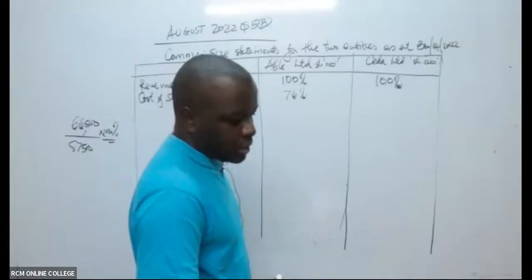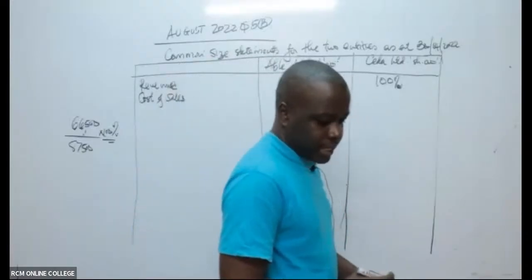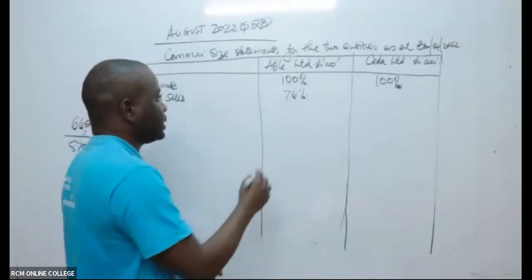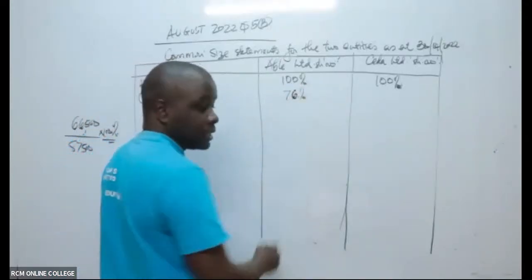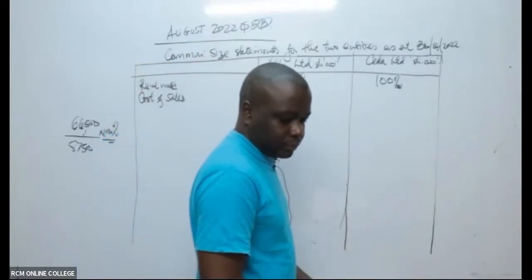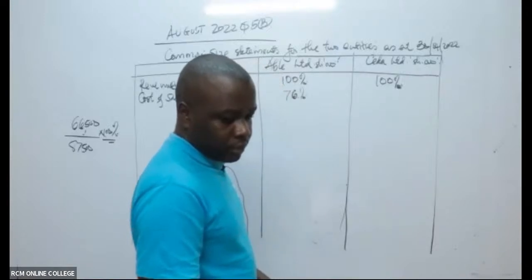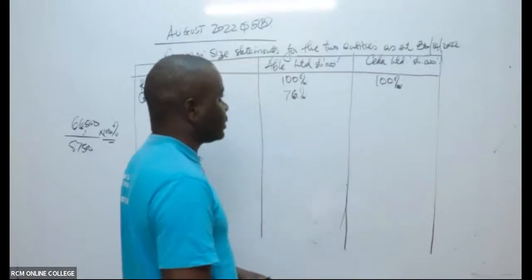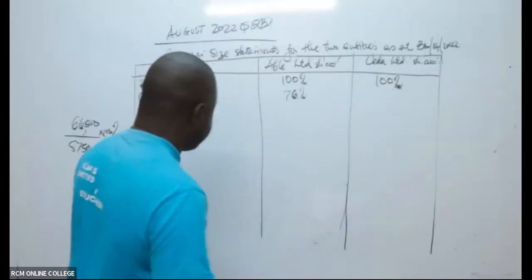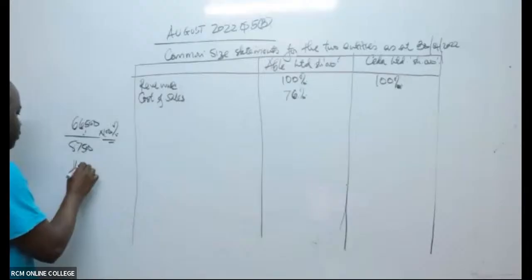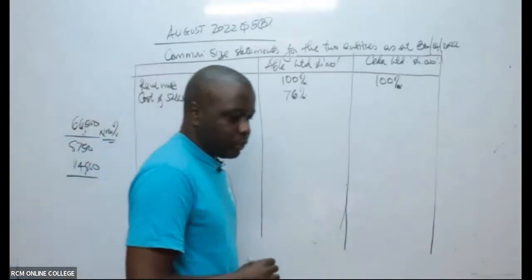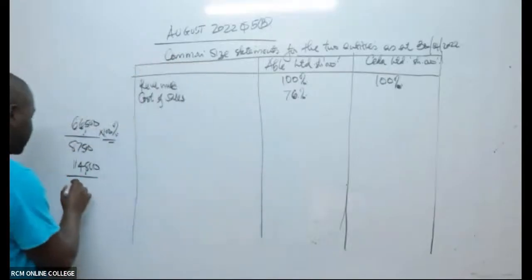What about for SEDA? SEDA, what percent is it? For SEDA, you take 114,800 and divide by the total sales, or total revenue, which is 140,000.